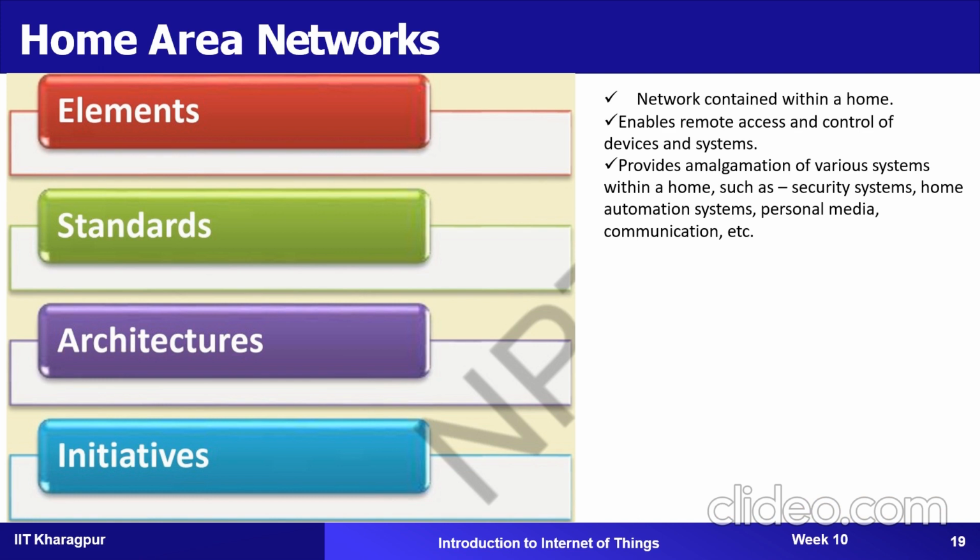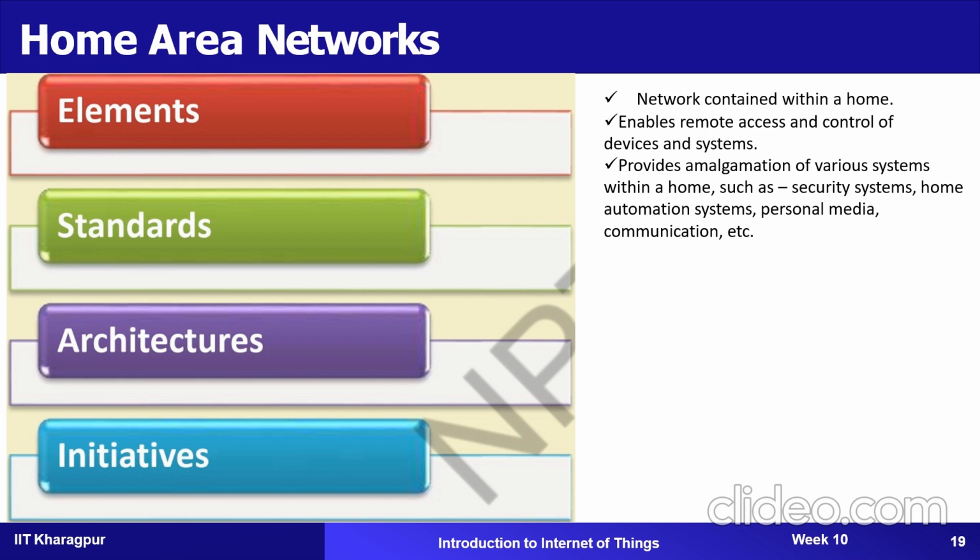So what does home area network mean? The network contained within a home is called your home area network. In case of your personal area network, all the gadgets that belong to a person, that is your personal area network. In case of your LAN, the devices which are connected over a building or within a restricted area, that is your local area network.